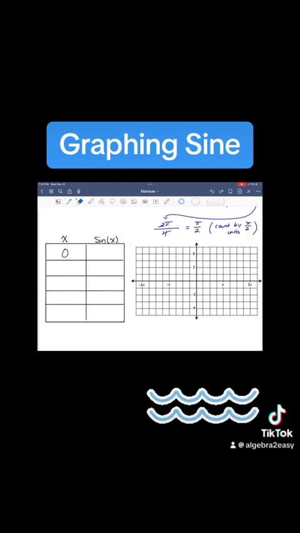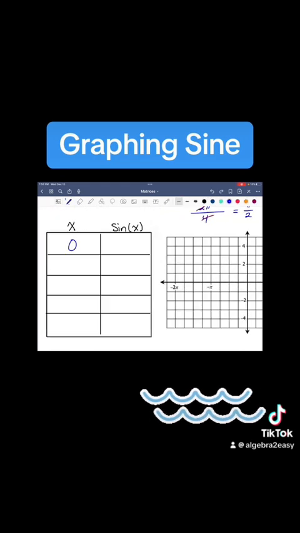So let's go over to our table, and out to the side, we're doing a little bit of work. So this was 0. Add pi over 2, we get pi over 2. That's 1 pi over 2, 2 pi over 2, 3 pi over 2, and 4 pi over 2. So quite literally, I have 1 pi, 2 pi, 3 pi, 4 pi.